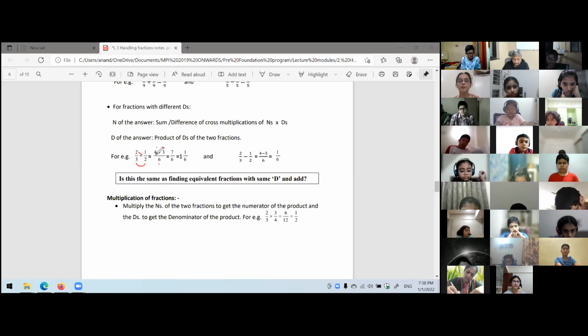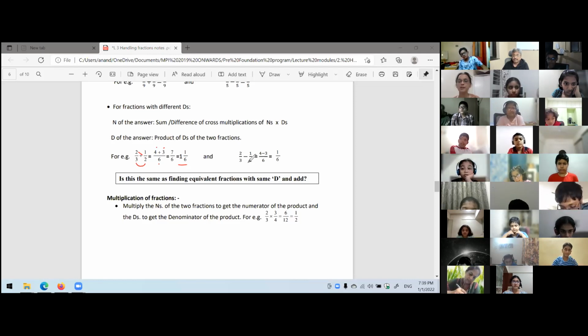So this becomes 4 plus 3, 7 upon 6. 2 2s are 4 plus 3 1s are 3 upon 6. 7 upon 6, or if I want to convert it into mixed, it will be 1 integer 1 upon 6. Subtraction, same rule. 2 2s are 4 minus 3 1s are 3, and 1 upon 6.